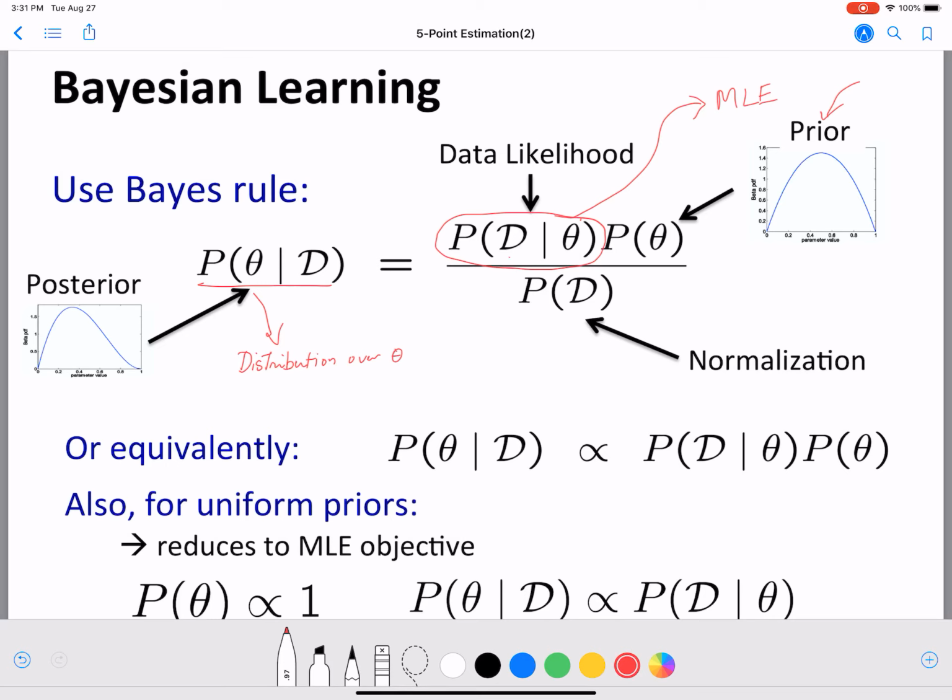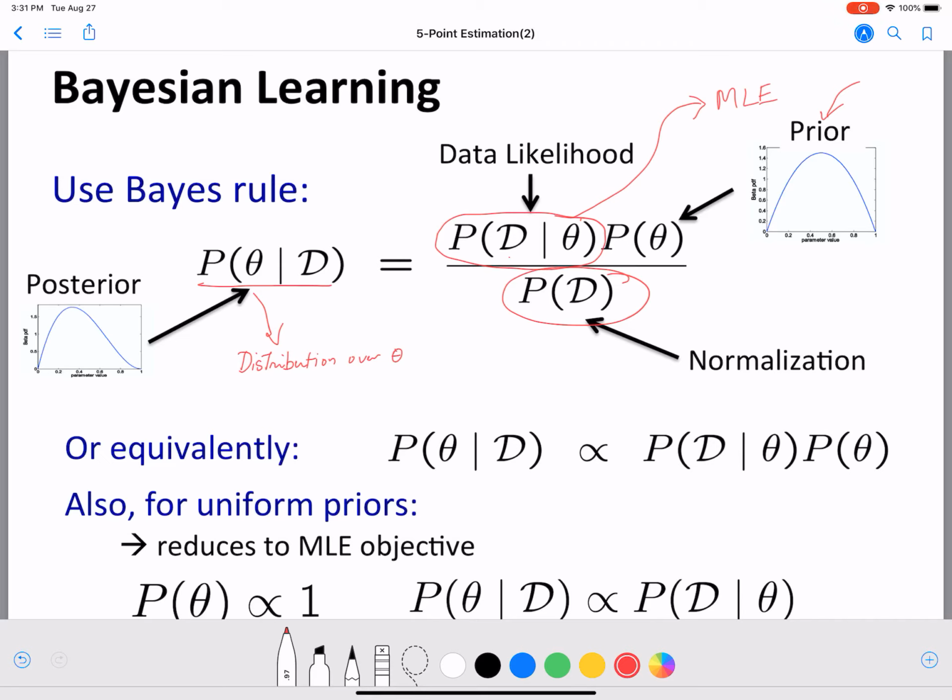And to arrive at this, we also need a normalization, which is P of D. This is coming from Bayes' rule. P of D given theta times P of theta by P of D will give us our posterior P of theta given D. So theta given D is our estimate.